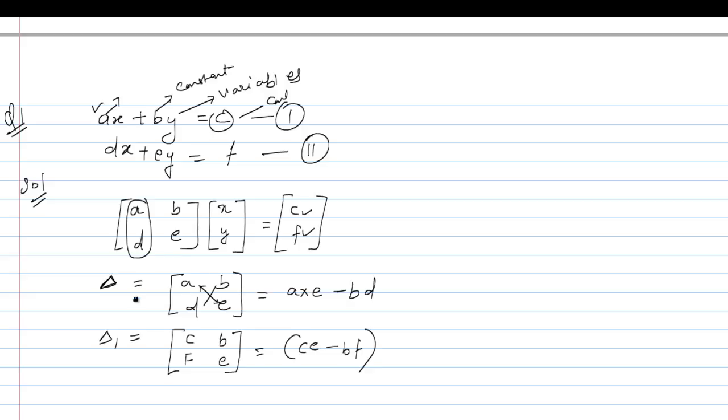If I find the determinant for y, I replace the coefficients of y by the constants, so that we get delta 2. In this equation, a and d stay the same, and b and e are replaced by c and f.